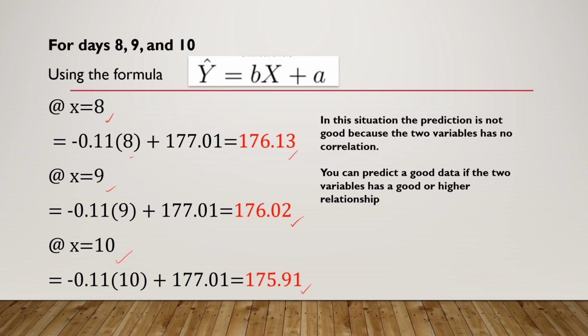In this situation, the prediction is not good because the two variables have no correlation. Just like what we solved in the Pearson's correlation coefficient, the interpretation is no correlation. That's why the y hat that we got is really not good. You can predict good data if the two variables have a higher relationship, or if the Pearson's correlation coefficient that we obtained is nearer to 1.